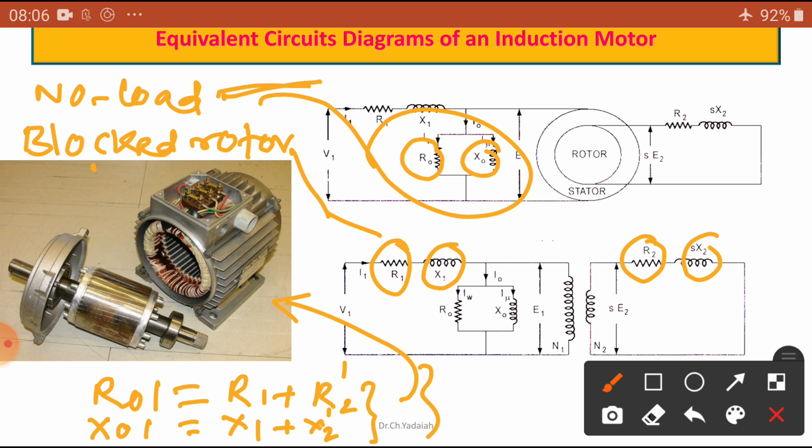At the same time, you are able to find its parameters R0 and X0 and R01 and X01, which play a vital role in finding the performance of induction motors. Okay. So, do not panic, we will see one by one. These are two experiments we are going to conduct in our laboratory.